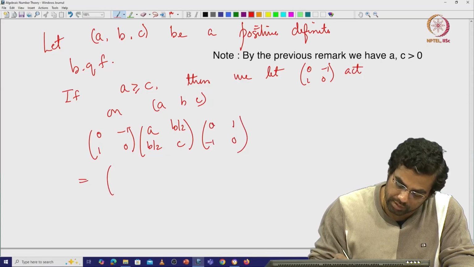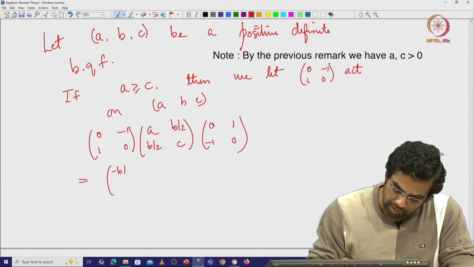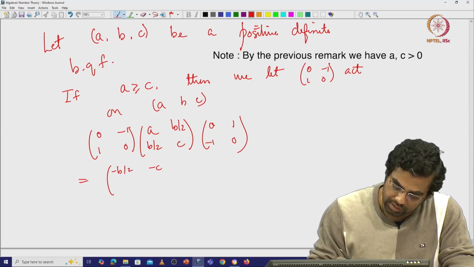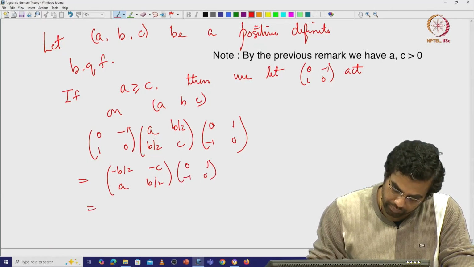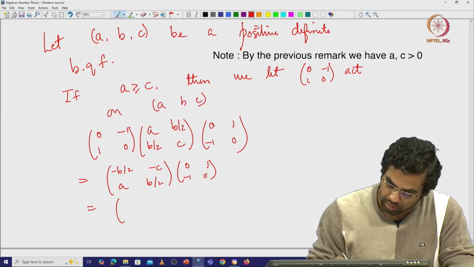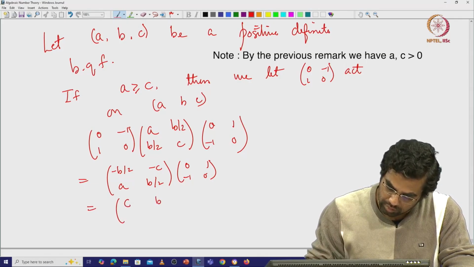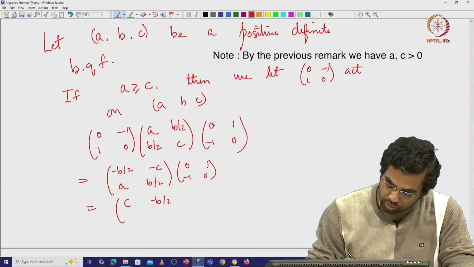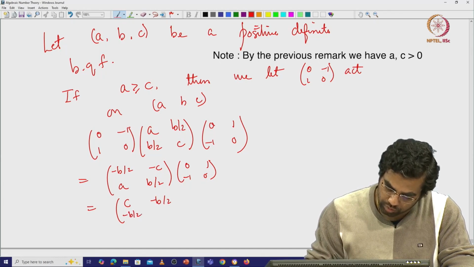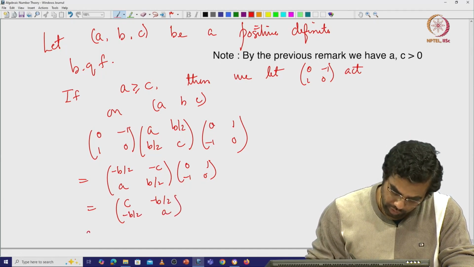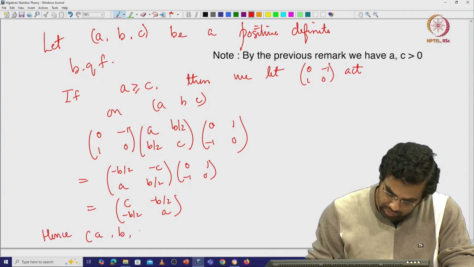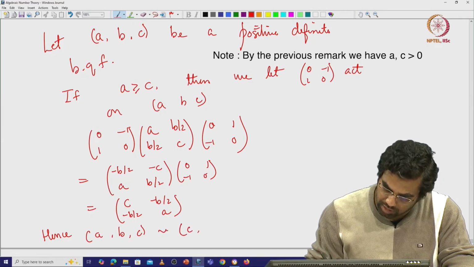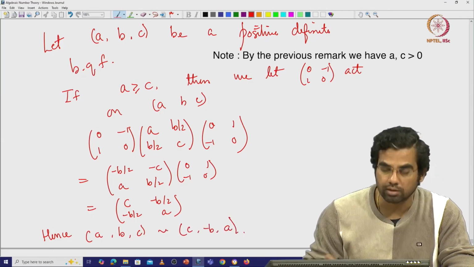And so, if you multiply this out, you get (B/2 minus C; A B/2) times (0 1; minus 1 0), and if you rewrite this, this will be (C minus B/2; minus B/2 A). Okay. So, what have we shown? So, hence (A, B, C) is equivalent to (C, minus B, A).